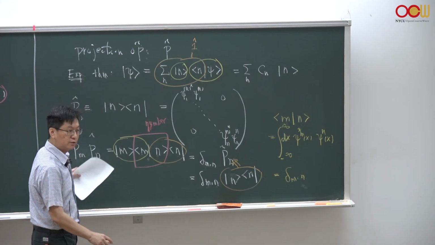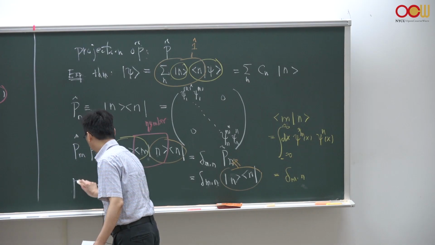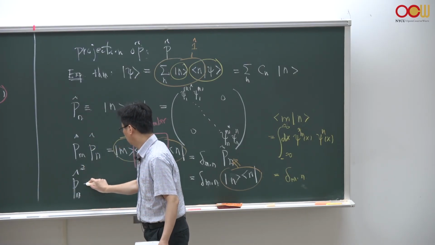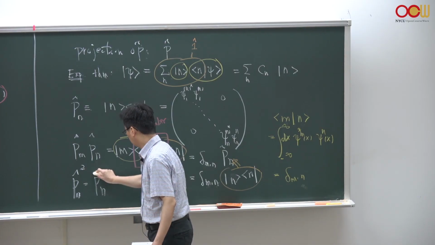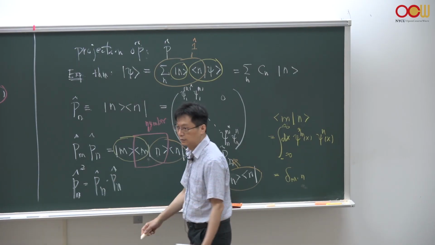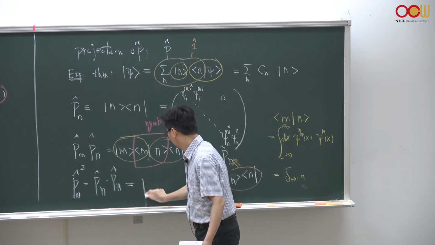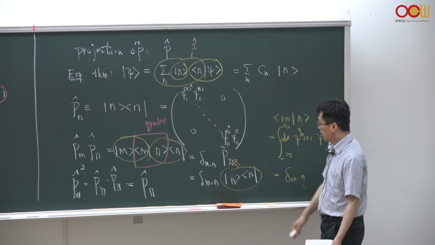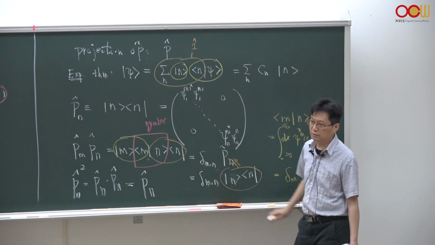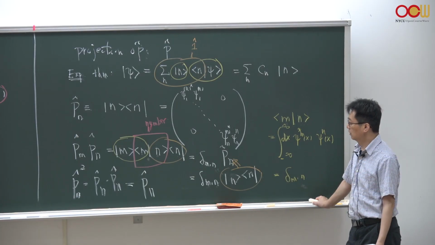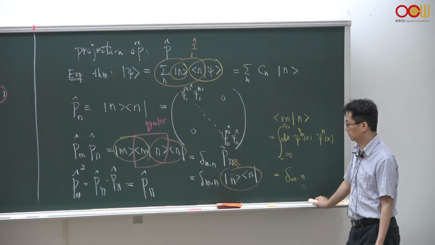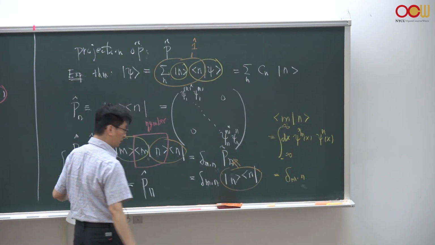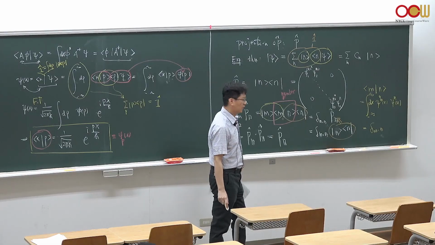So you immediately see that if I simply square this projection operator, meaning if I make a product of Pn by Pn, I get the same projection Pn. Again, because of this orthogonal normalization condition for a complete set of eigenstates. Okay? So, which means that if you square this projection, you get a single projection operator.